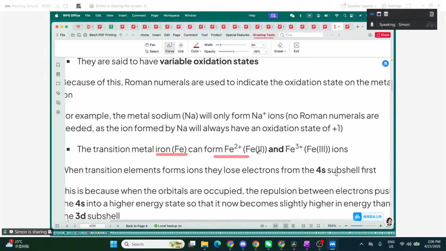This iron ion is what? 2 plus, and 3 plus. Yeah, 2 plus is the ferrous iron ion, right? And this one is what? 3 plus. The 3 plus is the ferric. It's a ferric iron ion, right? How to spell it? It's ferric.